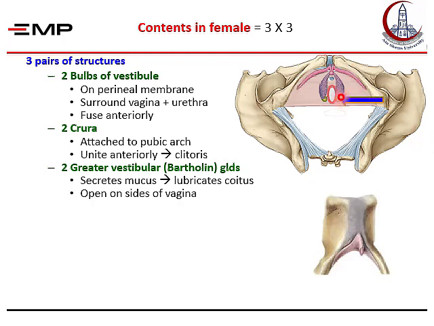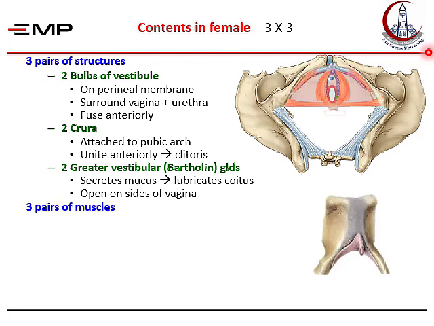And we have 2 glands here at the posterior end of the bulb of the vestibule. These are the Bartholin glands, or the greater vestibular glands. They secrete mucus around the vagina to lubricate sexual intercourse. They open on the sides of the vagina.